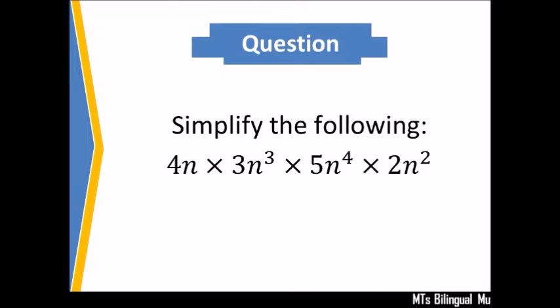I have a question. Simplify the following: 4 times n times 3 times n to the power of 3 times 5 times n to the power of 4 times 2 times n to the power of 2.